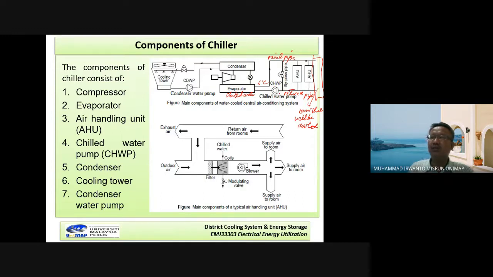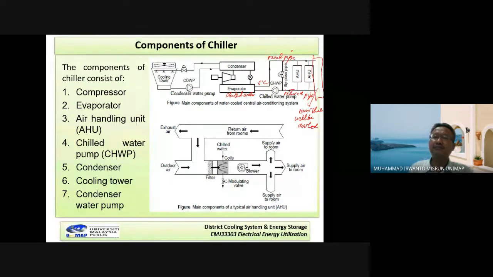This pump will flow the chill water through the pipe, from one part to the other part. After finishing cooling this room, the temperature here becomes 12 degrees Celsius, and then it enters the evaporator again.